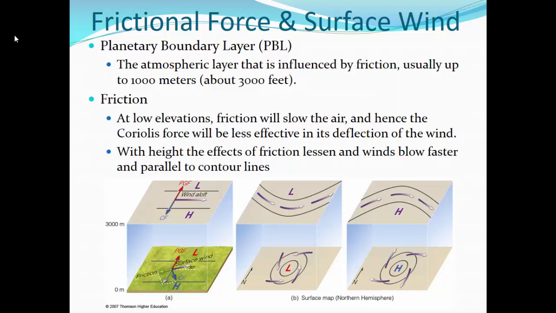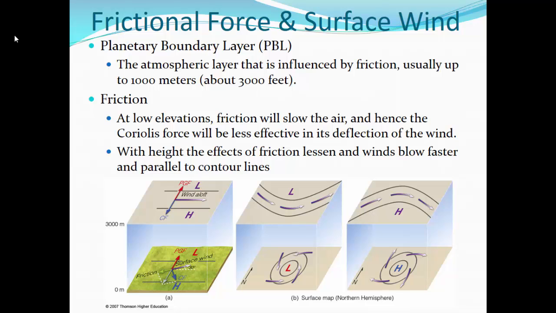With slower winds, what other force is reduced? The Coriolis force. Remember, the magnitude of Coriolis is dependent on wind speed. So at slower wind speeds, there's less Coriolis force, which means the deflection to the right that caused those winds to blow parallel to the isobars is lower, and the deflection to the right is less.